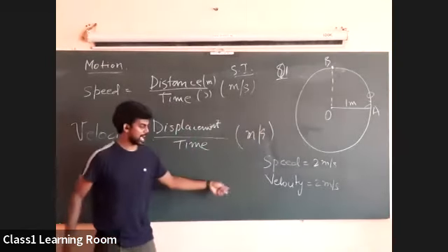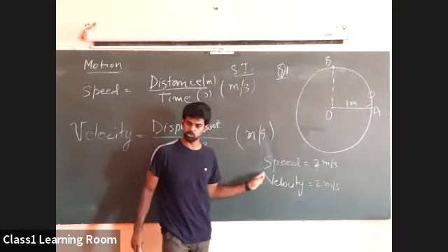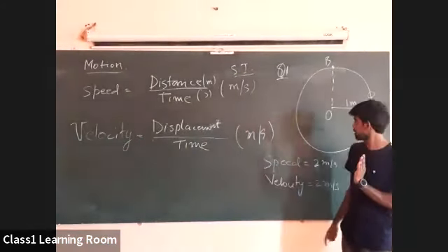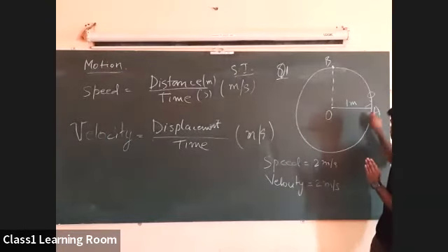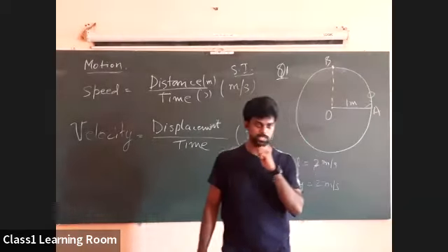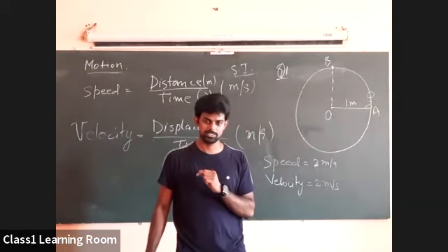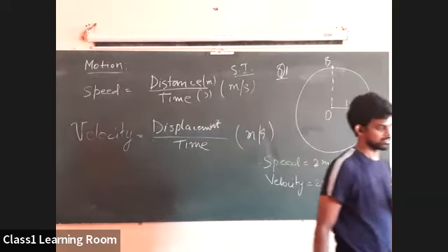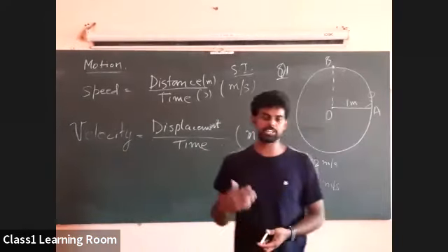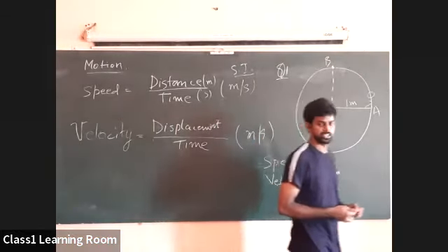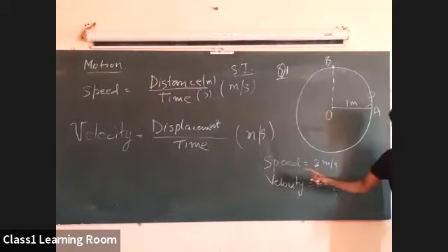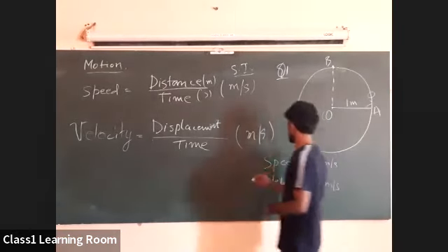Now, I have given both speed and velocity. Can you tell me what is the time taken to reach from point A to point B? Just find the time and tell me how you will reach faster. You'll get 2 times, right? One for the displacement and one for the distance.